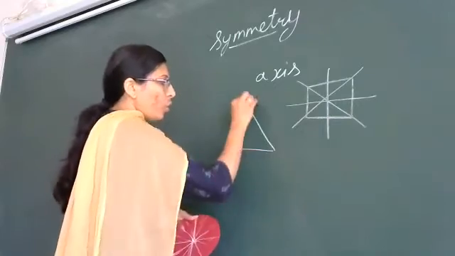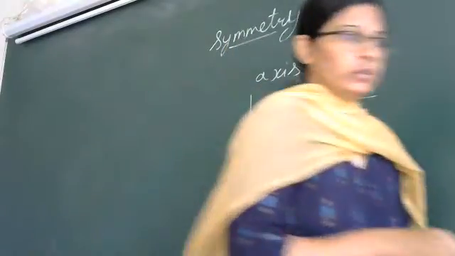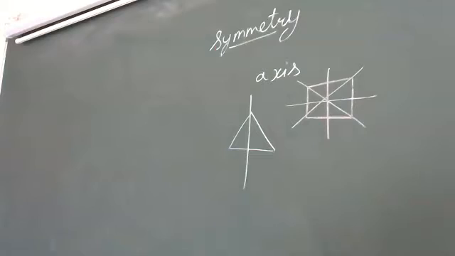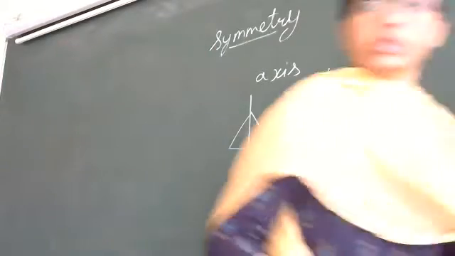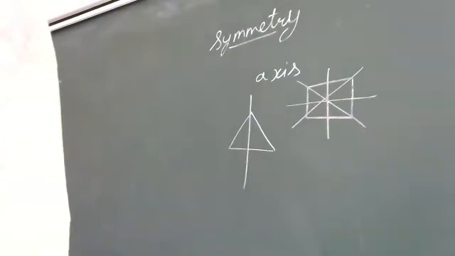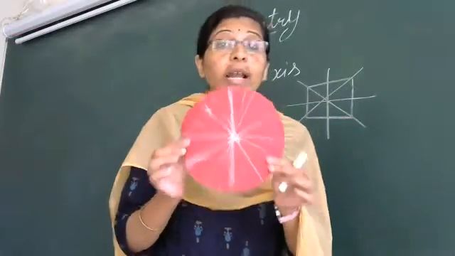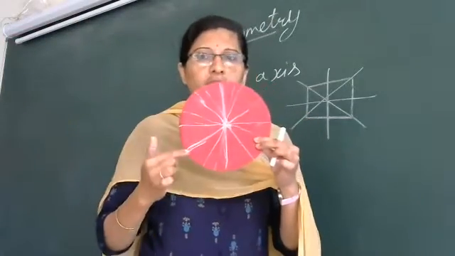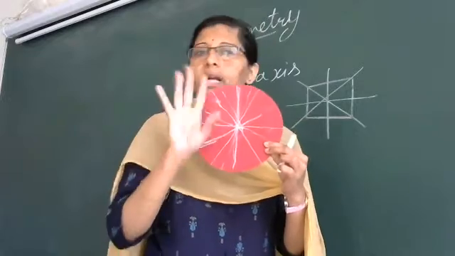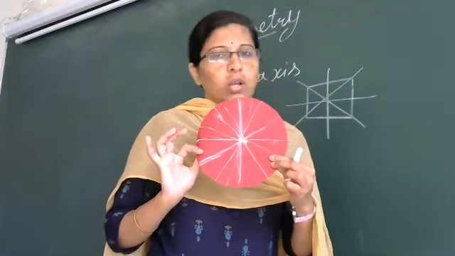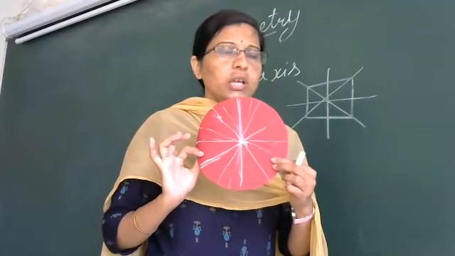Triangle will have only one line of symmetry. But circle will have many lines of symmetry. How many? Many, we can't count. Okay? Understood this?